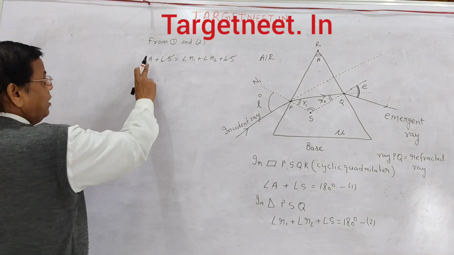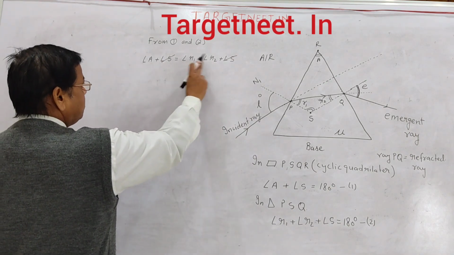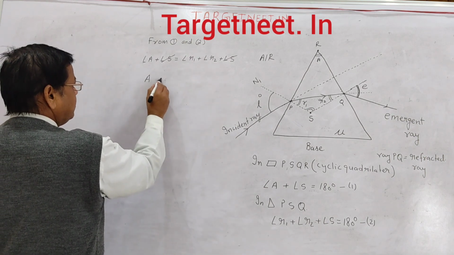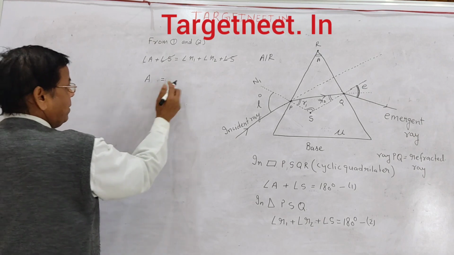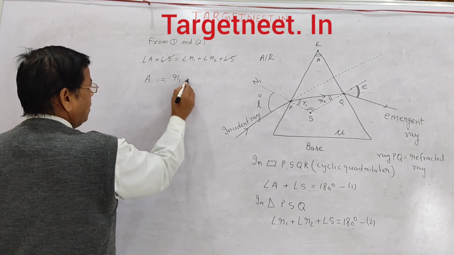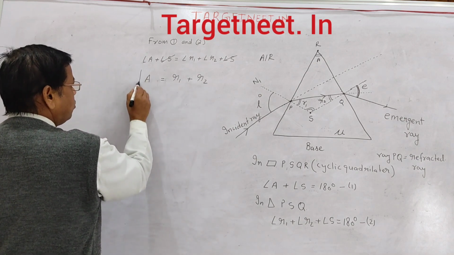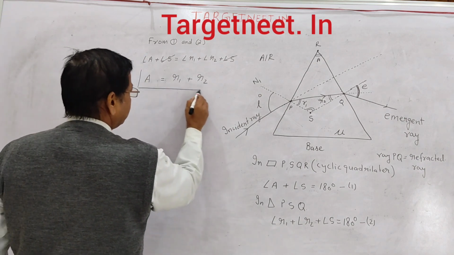So what is left? Angle A is equal to angle R1 plus angle R2. So this is an important result, remember this formula.